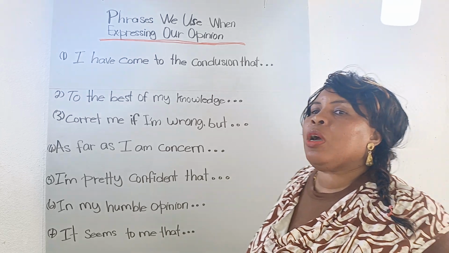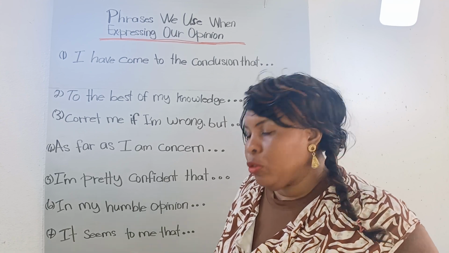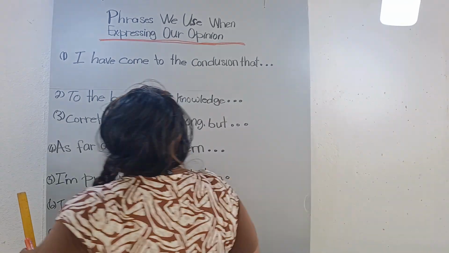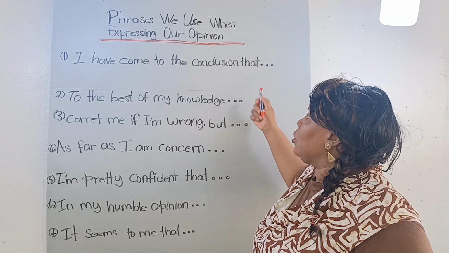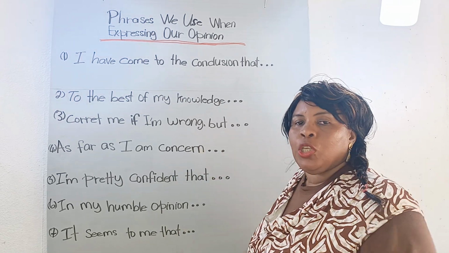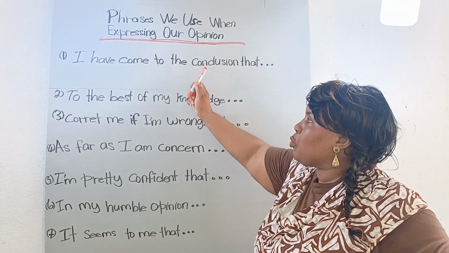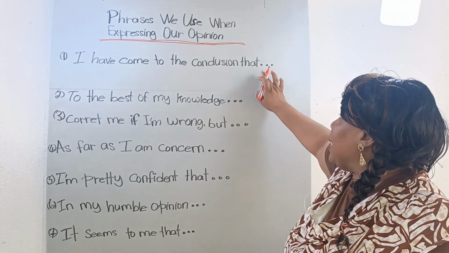I have come to the conclusion that, say, they're moving to Florida. I have the ellipsis here that indicates that you continue on with something else which is related to what is stated here. That's what these ellipses mean.